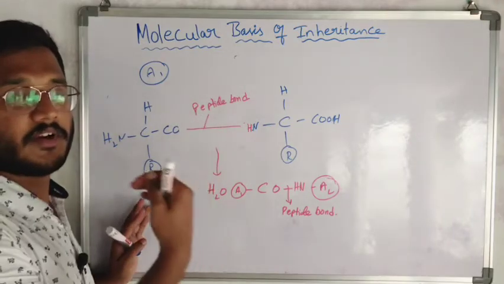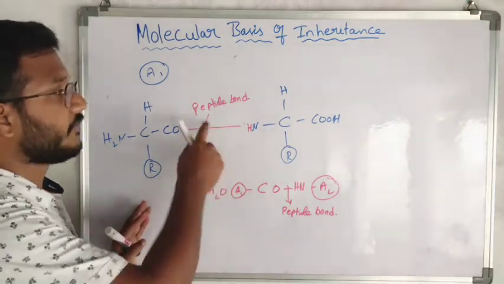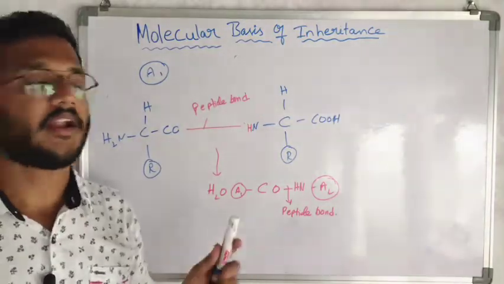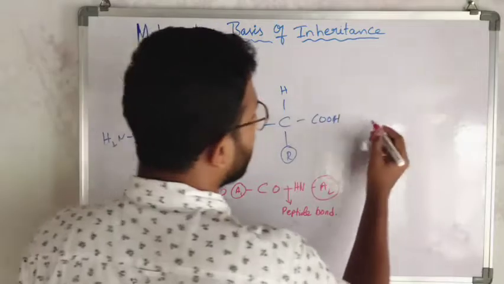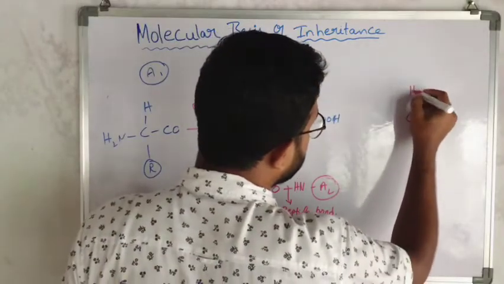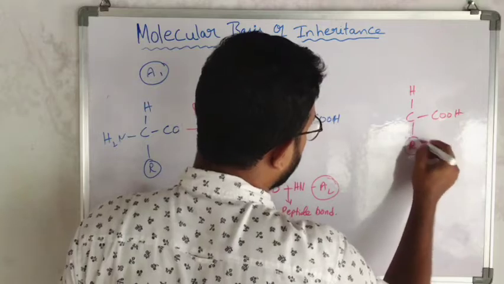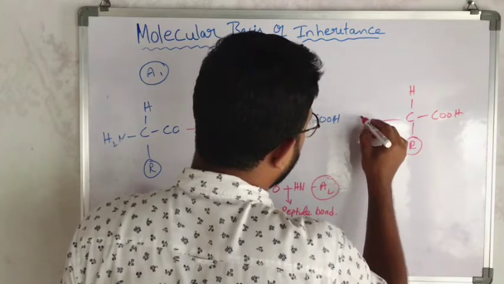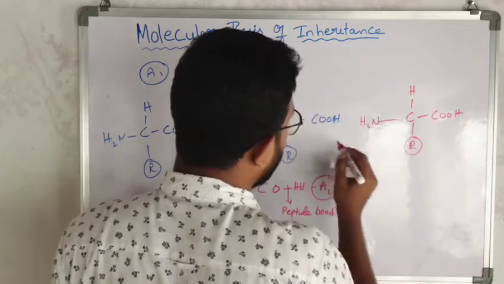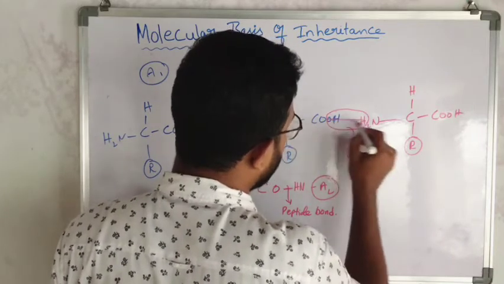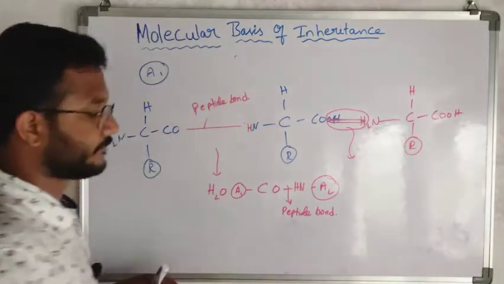By removing one water molecule and formation of one peptide bond. So this is the peptide bond. And again, if another amino acid comes, this is another amino acid. Now this one will go outside and one more peptide bond forms.